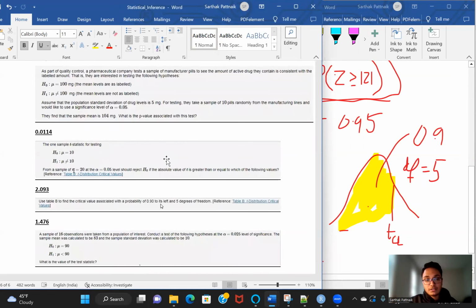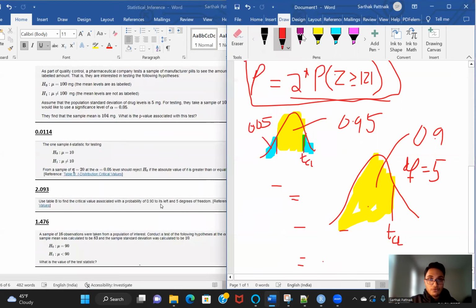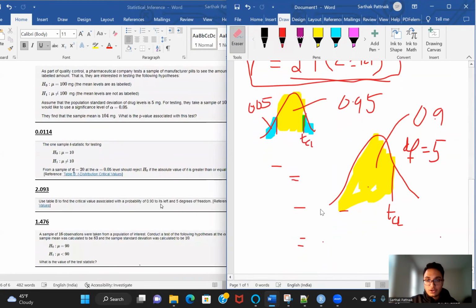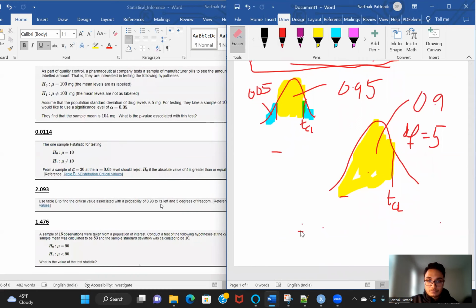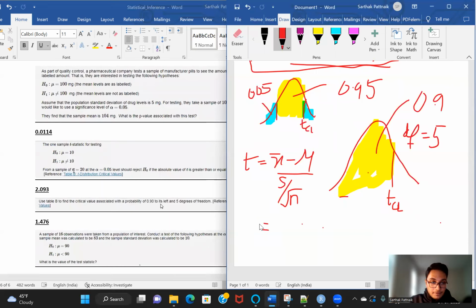Now, test statistic calculation, we have seen before, it's pretty straightforward, nothing very complicated. How do you calculate a test statistic? You calculate a test statistic using the equation x bar minus mu upon s by root n. Now you have been given your sample mean as 83. Initial condition for null hypothesis 90.